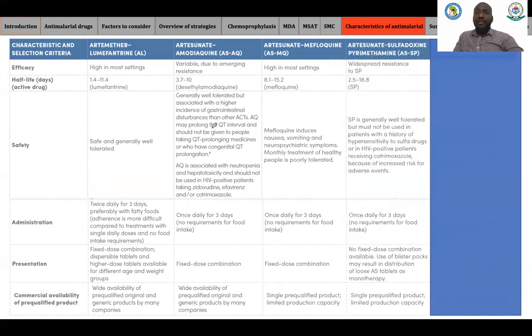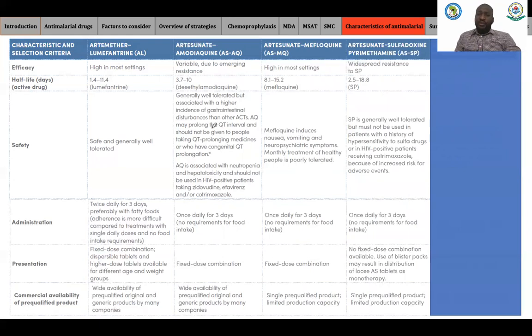And drugs like artesunate sulfadoxine pyrimethamine, which has a problem of widespread resistance to SP, but has a much longer half-life, which is why it is preferred for use in pregnant women and also in infants. But it must not be used in patients with sulfur hypersensitivity, or who use other sulfur-based drugs like Septrin or cotrimoxazole.